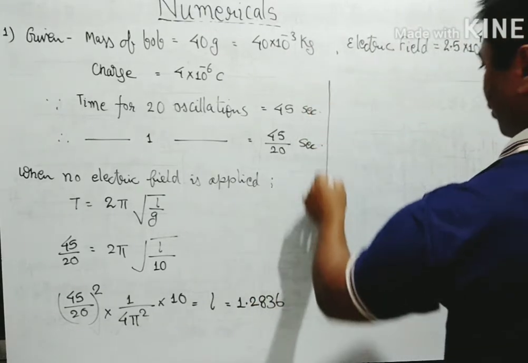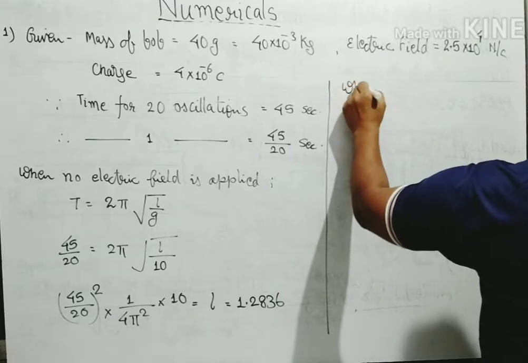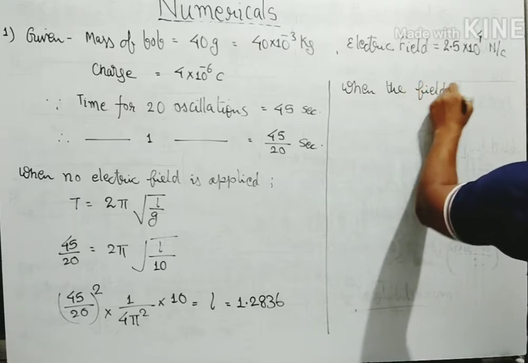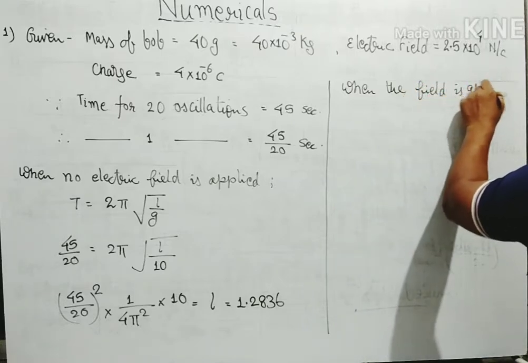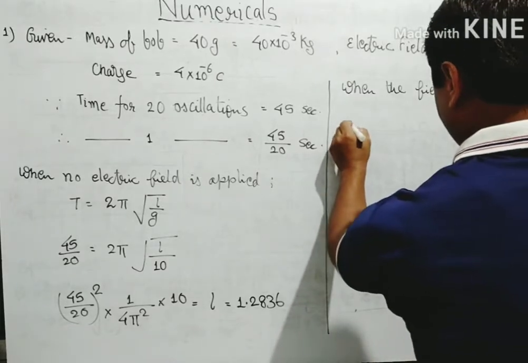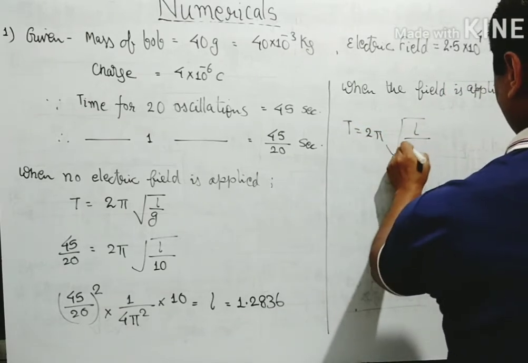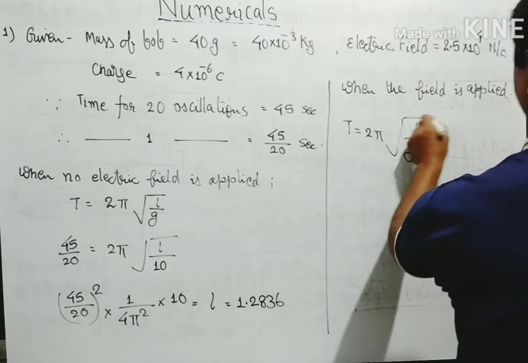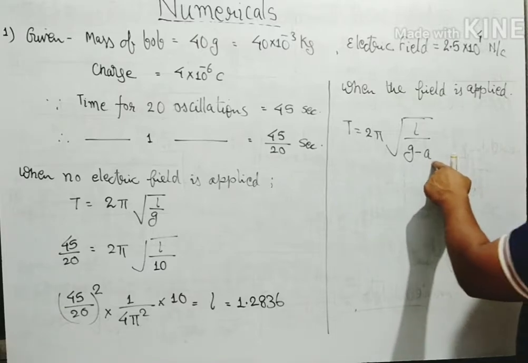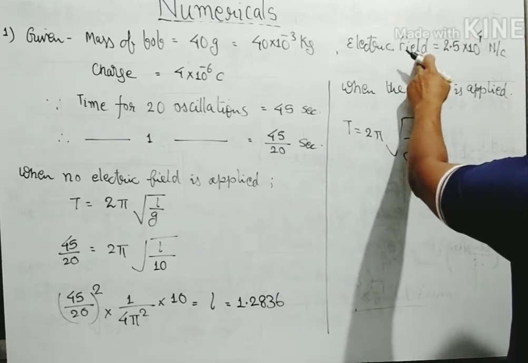Now let's apply the electric field and see what happens. When the electric field is applied, the time period equals 2 pi under root L upon g minus a. Here we must know the value of a. a is the acceleration gained by the bob due to the application of this field.